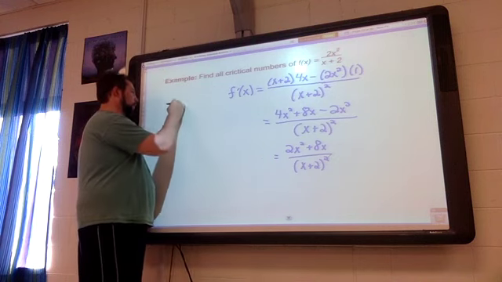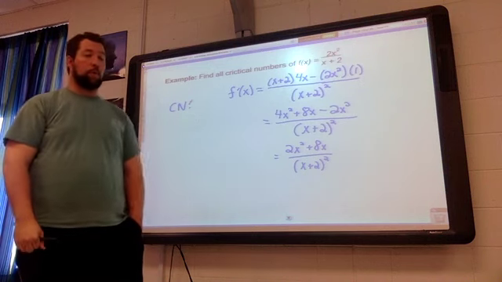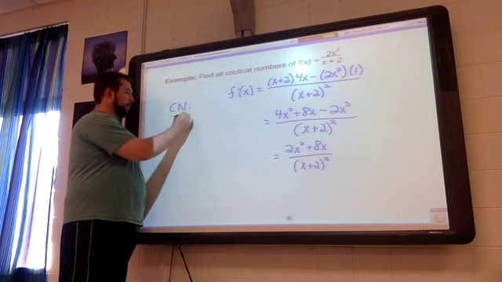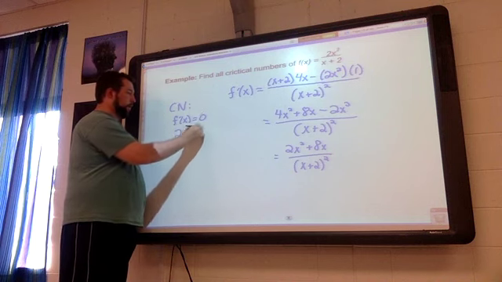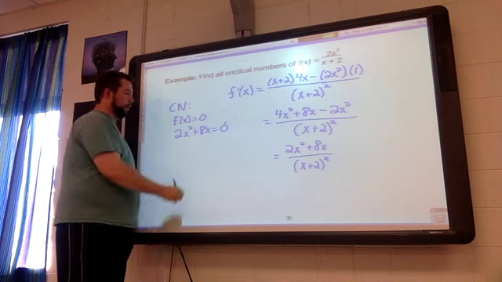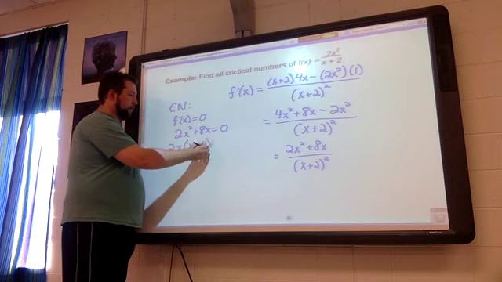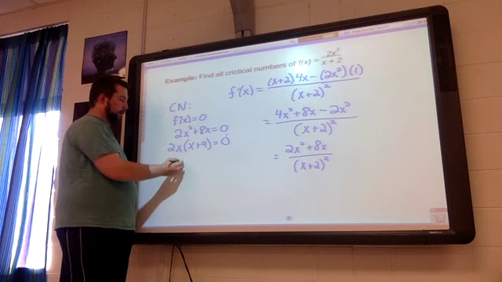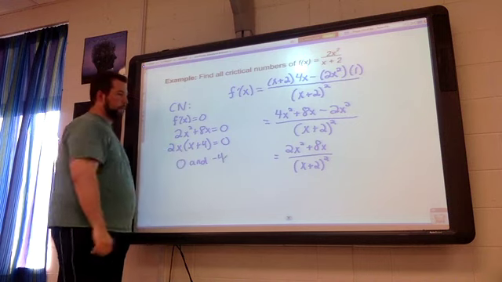That's our derivative. So if we want to find critical numbers, we need to figure out where the derivative is 0 or where it is undefined. The derivative is 0 when the top's 0. So 2x squared plus 8x equals 0. Do a little factoring. Factor out a 2x, which will give me x plus 4. So the critical numbers where the derivative is 0: x could be 0, and where this parentheses is 0, which is negative 4.